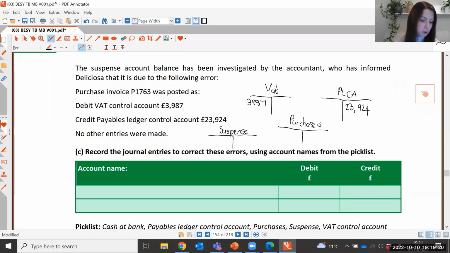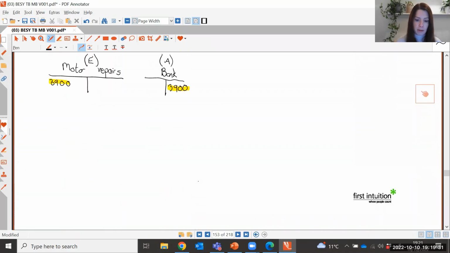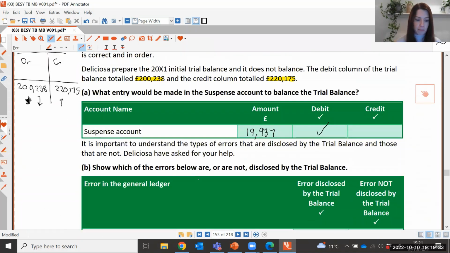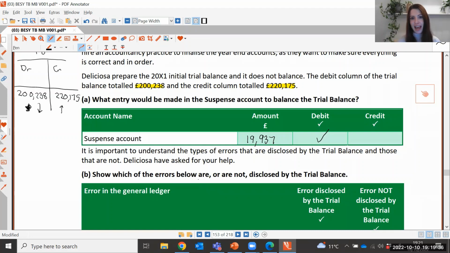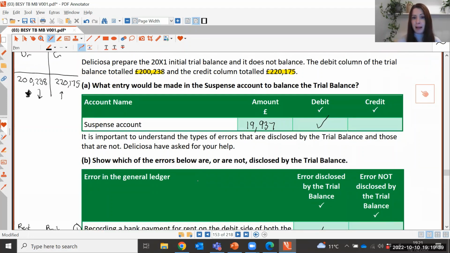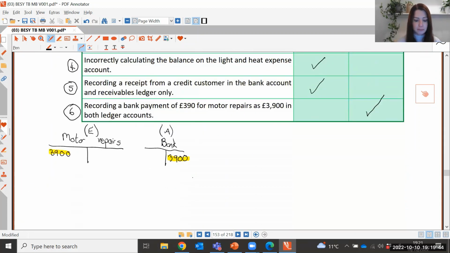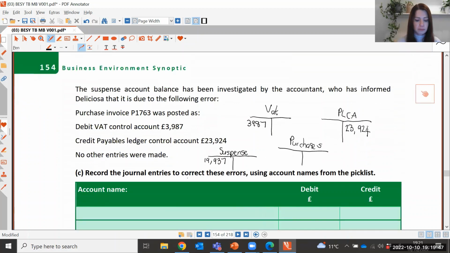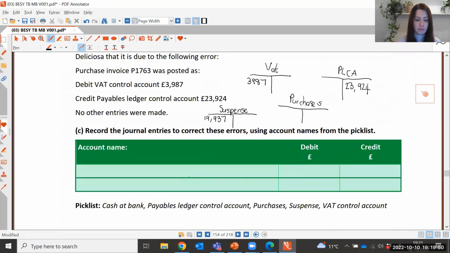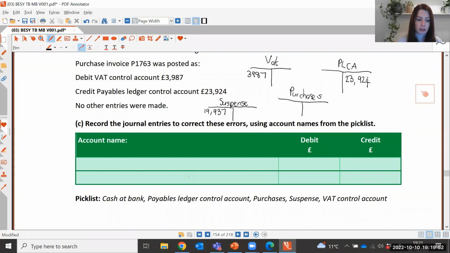And this would be the difference between the two sides, which will be £19,937. And if you remember from, so let's scroll back up, from back up in section A, we had a debit balance in the suspense account of £19,937. So that's what has been done in the accounts.